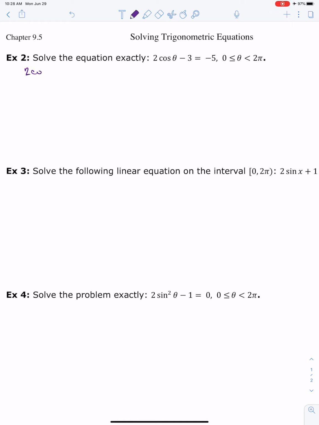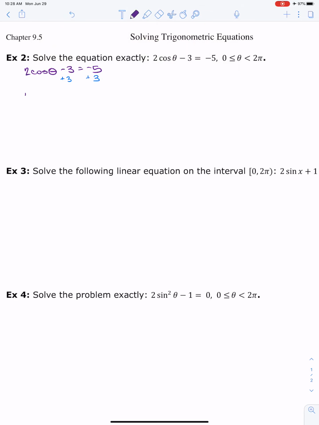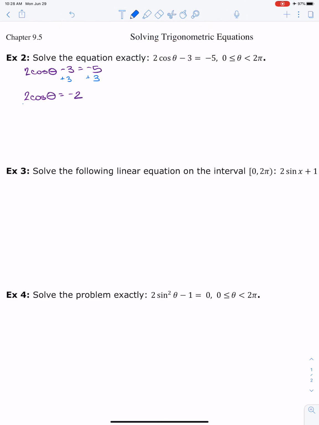So if we start with 2 cosine theta minus 3 equals -5, again, you don't need to show every single step. I will, just in case you look down to write something, you look up, and you've missed what I've said. Happens all the time. So now we're going to what?